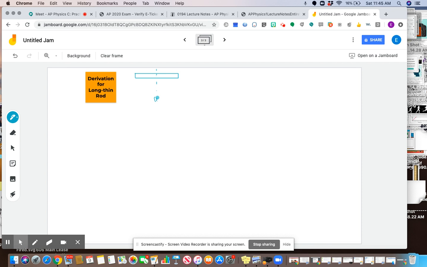The position of the center of mass. So I at the center of mass, we know we need to integrate r squared in terms of dm.